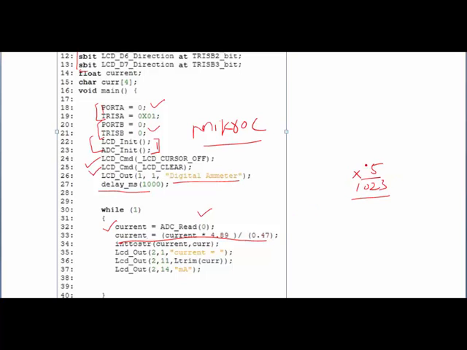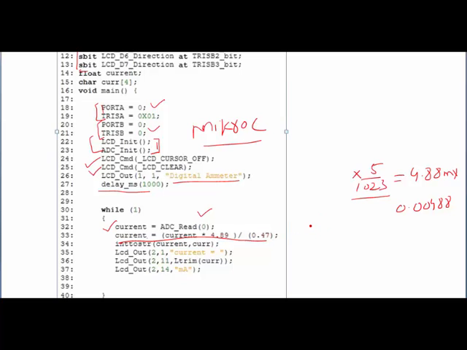You can read more about how to use ADC on my website, and so it will become basically 4.88 millivolt, or 0.00488. This is our multiplication factor.